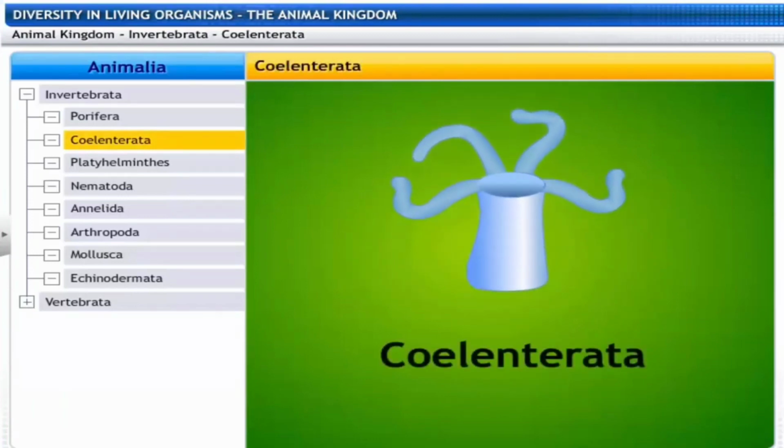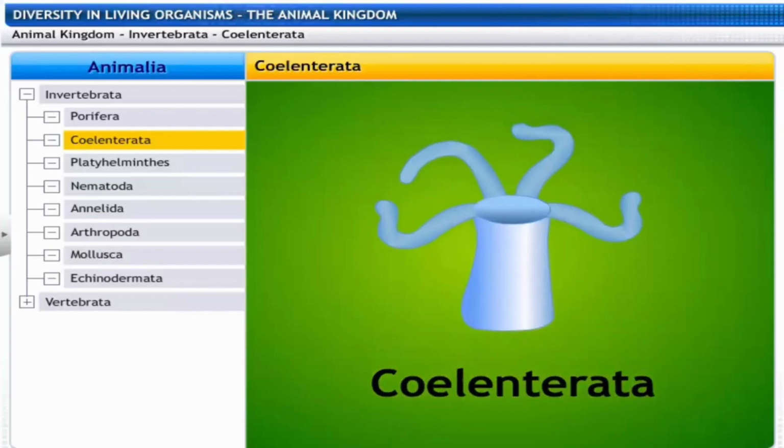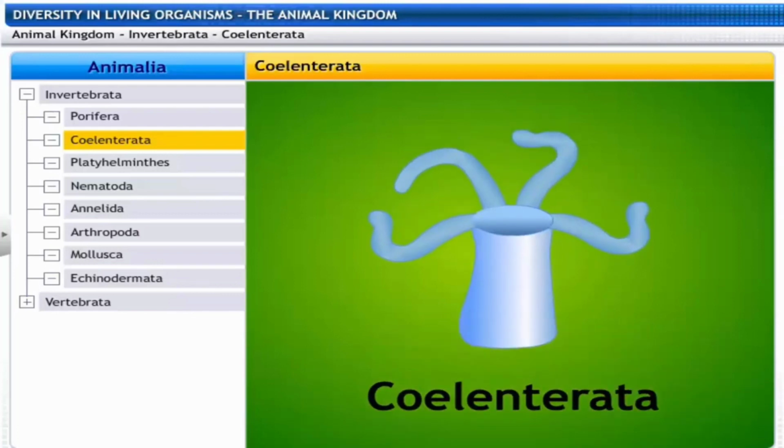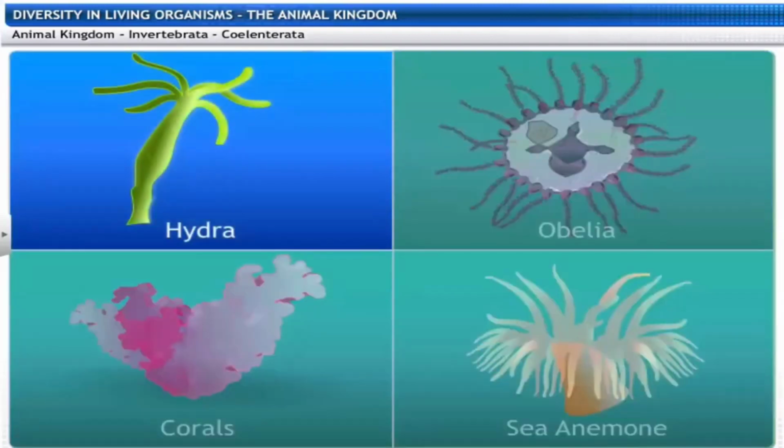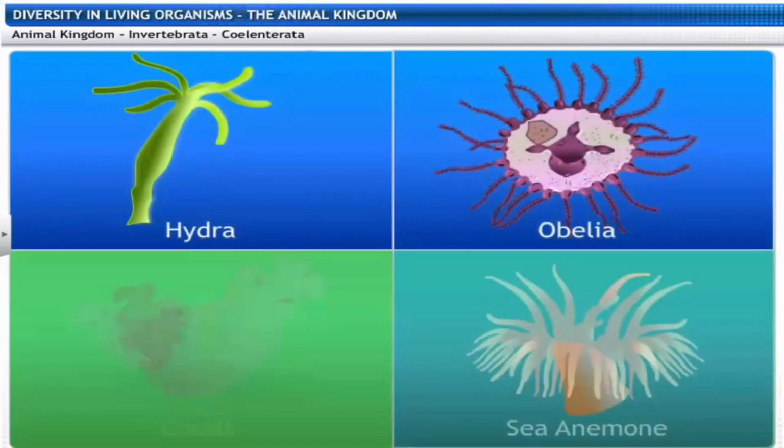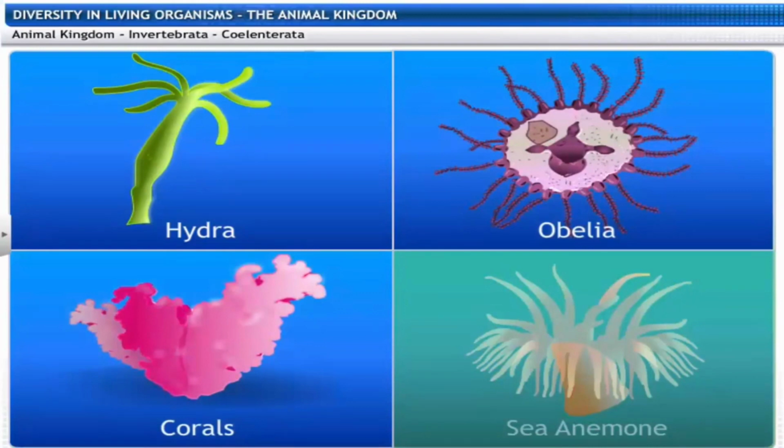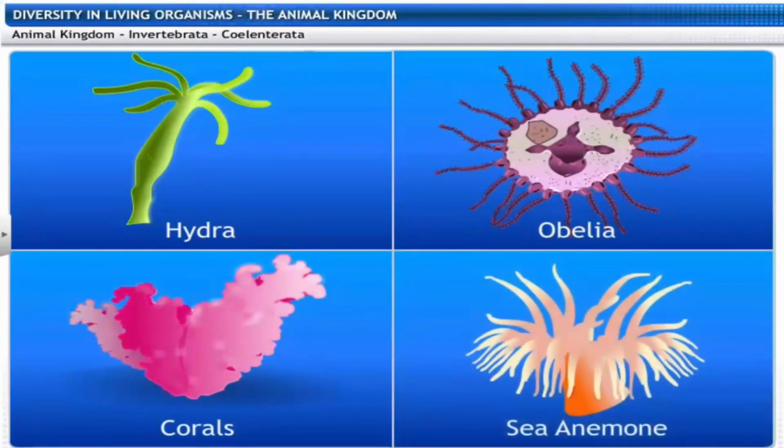Coelenterates get their name from 2 Greek words, koilos meaning hollow and enteron meaning intestine. The phylum Coelenterata includes hydra, obelia, corals, and sea anemone.